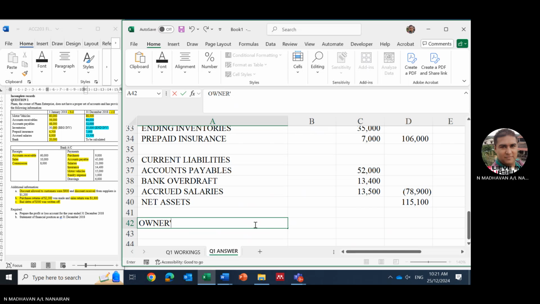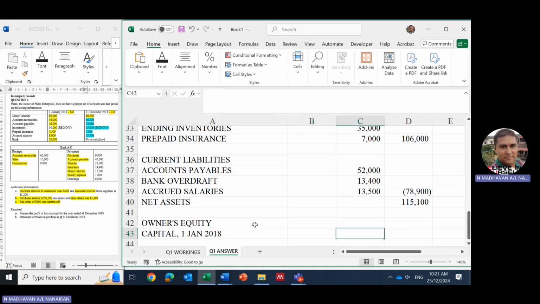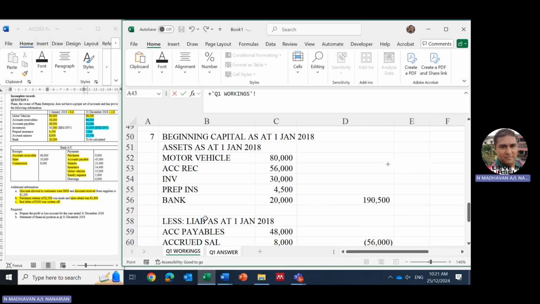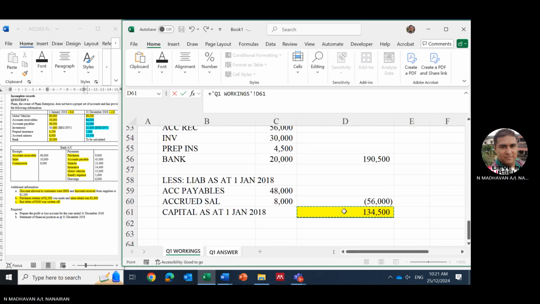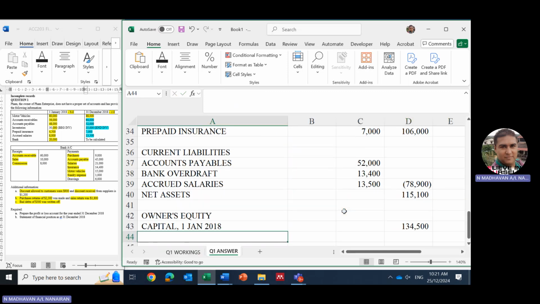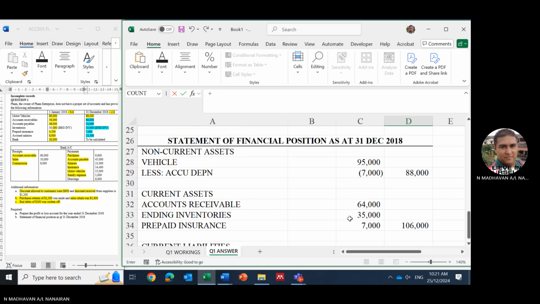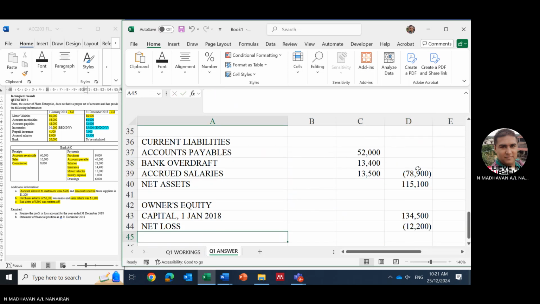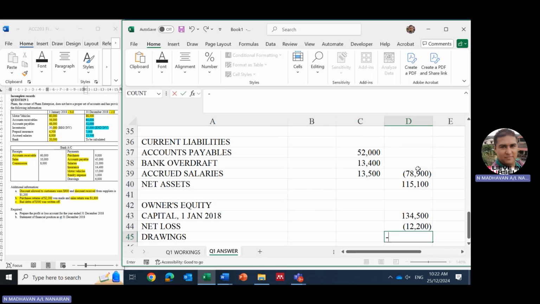Next, you have equity, which is capital as at 1st January 2018. We calculated, right? How much? 134,500, correct? Then net loss. Then you have drawings. How much is drawings?